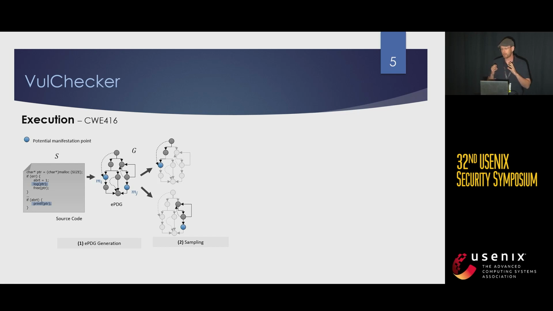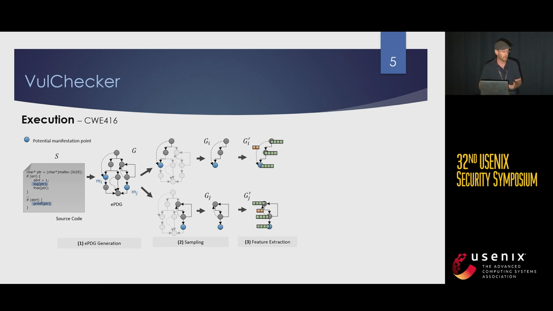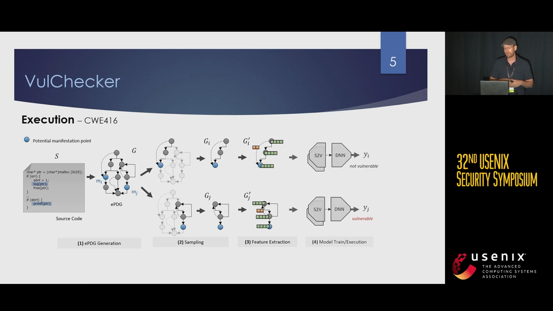Why this is incredibly important is that each of these subgraphs is going to be a sample that I pass to my machine learning model, and they are all anchored on that specific manifestation point. So if I'm using graph-based machine learning, all the information that the model is looking at is going to flow down to that potential manifestation point. I can then add all kinds of graph-based features on the edges and on the nodes, and pass that to a graph-based deep learning model to make a prediction whether that subgraph is vulnerable or not.